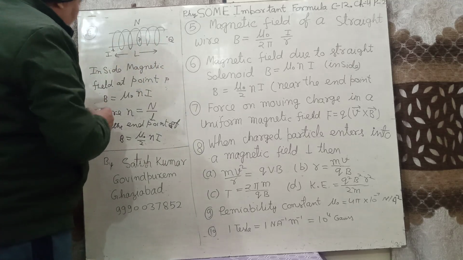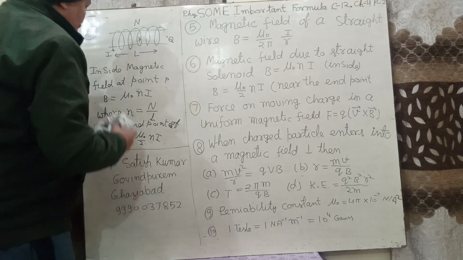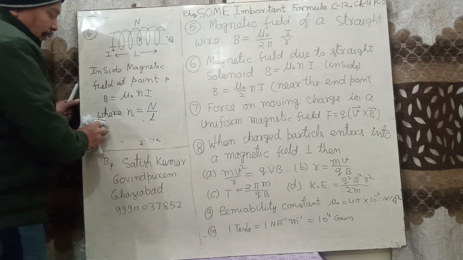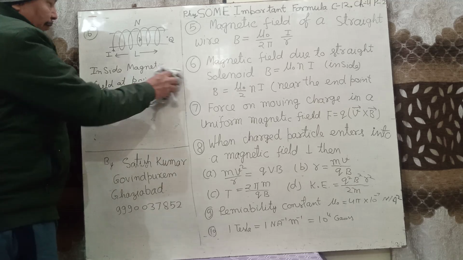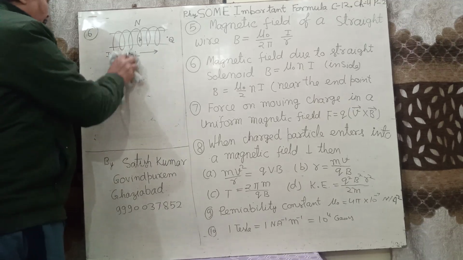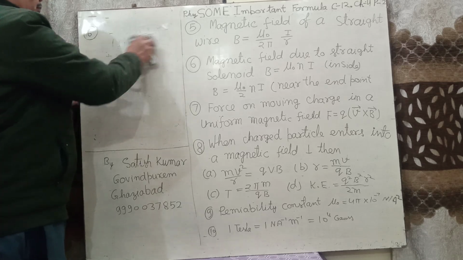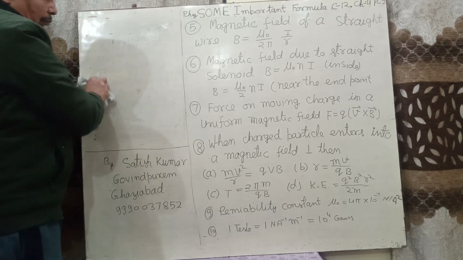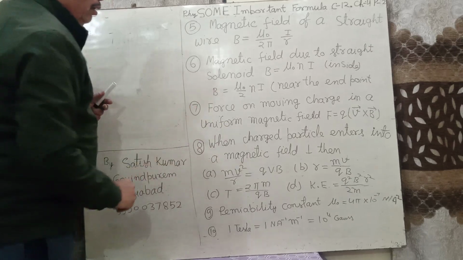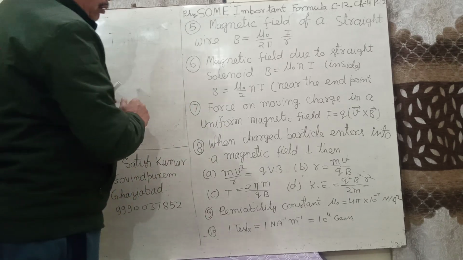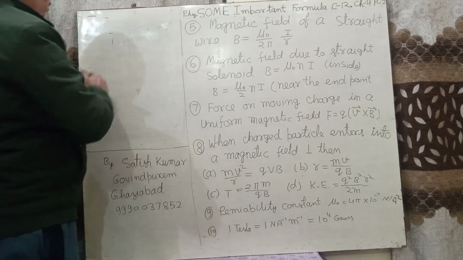Now I am telling you formula number 7. Formula number 7 is the force on a moving charge in a uniform magnetic field.